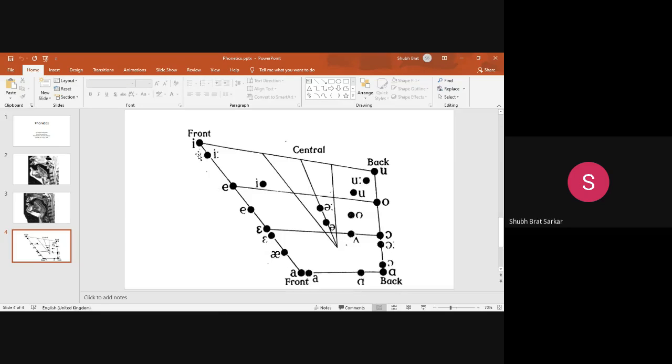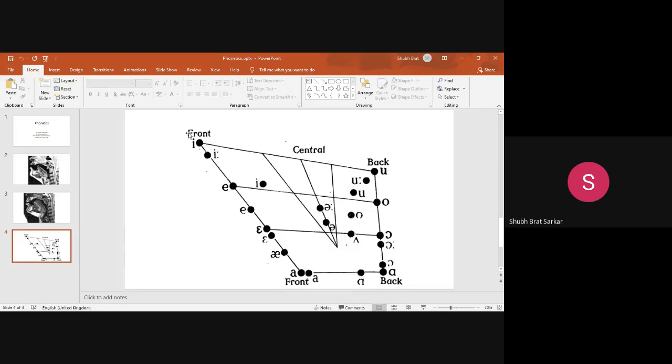So, 4 intersecting points. Here also we have similar 4 points: one is R point, one is O point, and one is U point. These are the 8 points. These 8 points are called cardinal points in the production of vowels.